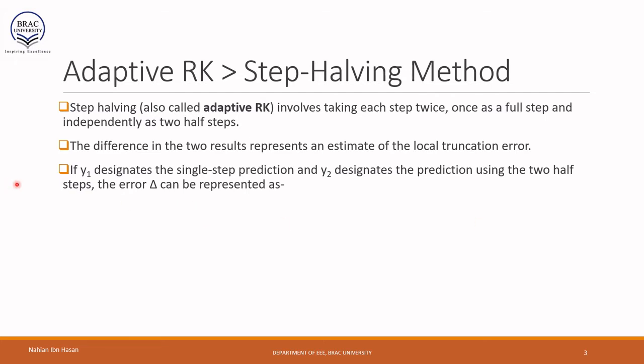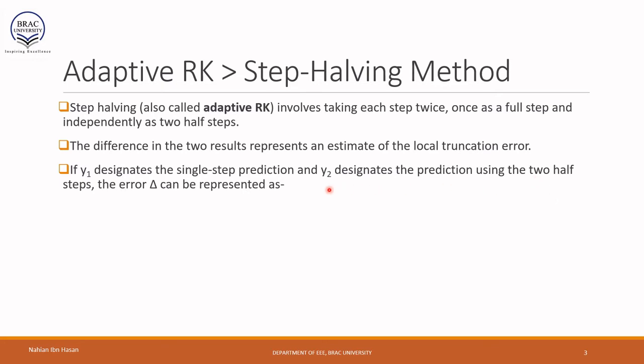Let's say y1 designates the single step prediction. That means using the original step size that we are given, we calculate y1, which is the original approximated result. Another approximated result, y2, can be predicted by using two half steps. Half steps means that if we are given the original step size h, we use h/2 in two steps.